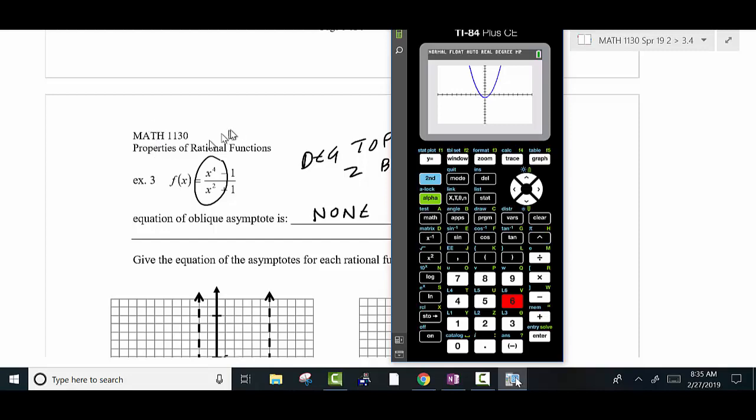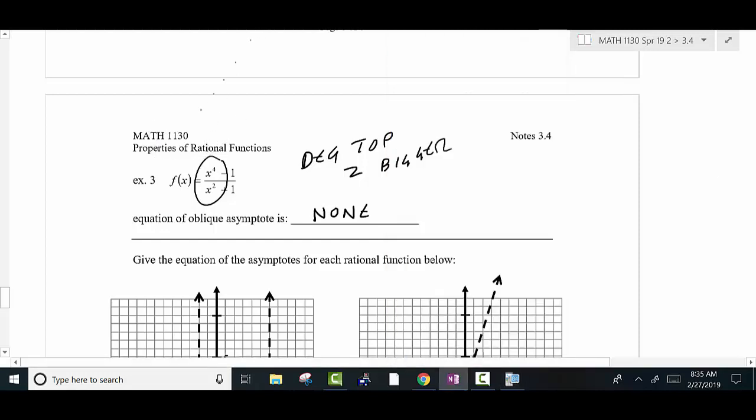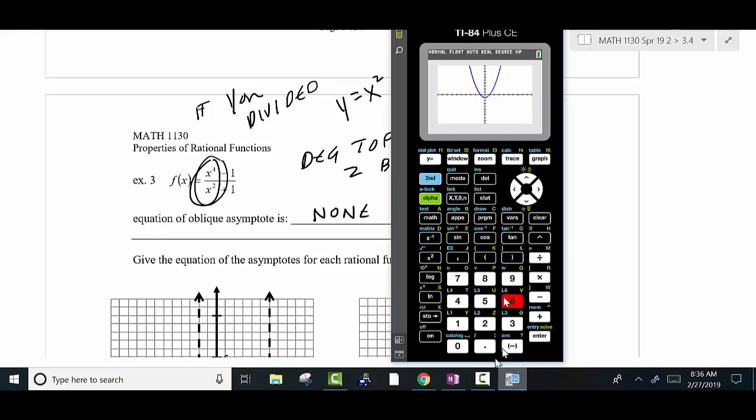If you did the long division, the key thing is you would end up with y equals x squared in there. So as x goes to infinity, it approaches a parabola. If that degree is 2 bigger, it's a parabola that acts as an asymptote.